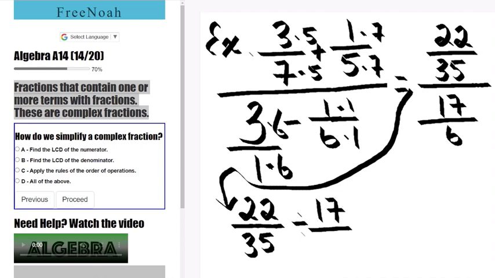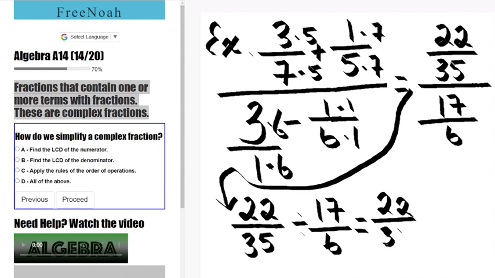Now let's rewrite this horizontally. 22 over 35 divided by 17 over 6. Well, we're going to change the division once again and flip the second fraction. Find the reciprocal here.